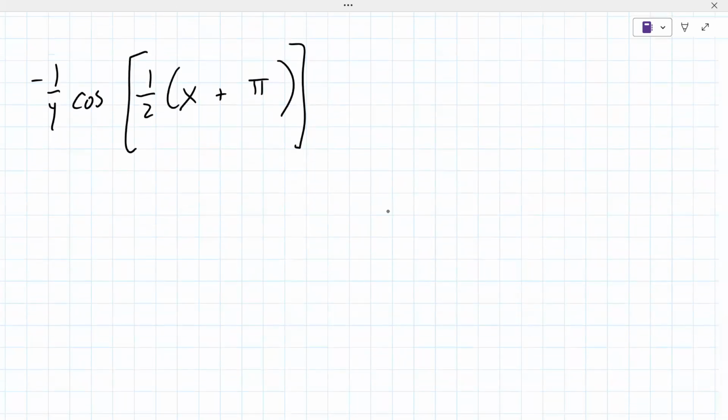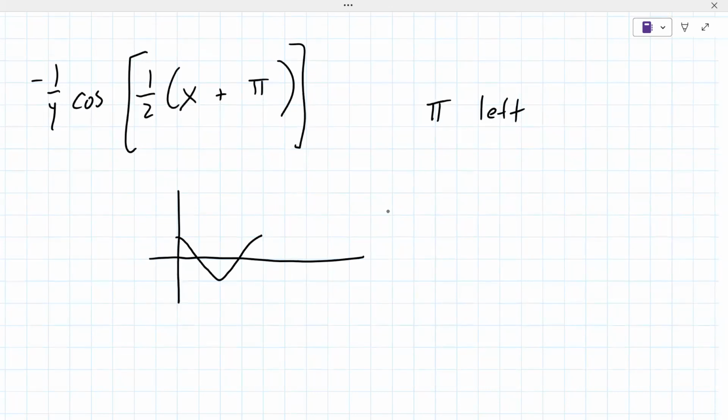Okay, normally cosine starts at 0 and you go down, up, down like that. But the phase shift throws everything off. It's pi left. So the way that you could do this, which I don't like, is you could go left pi. You could say, all right, that's minus pi. I don't really like crossing the y-axis with these graphs, especially when you're doing it by hand.